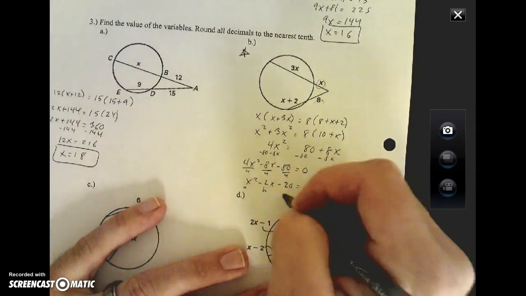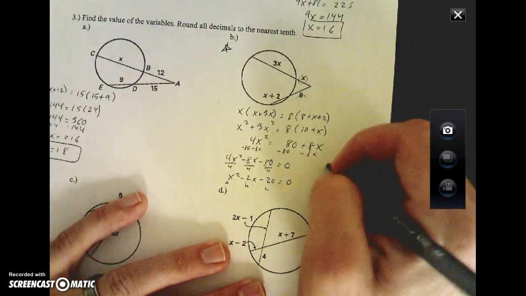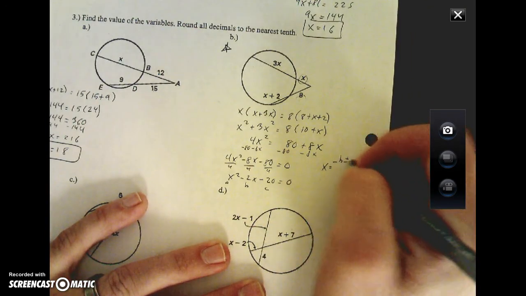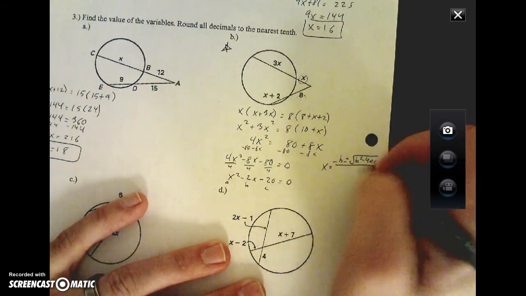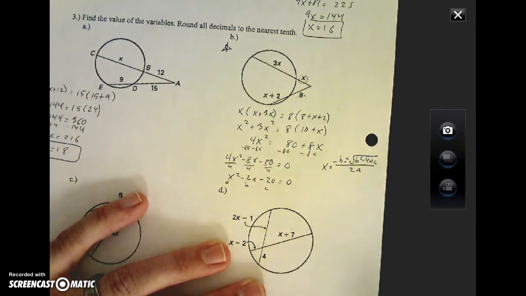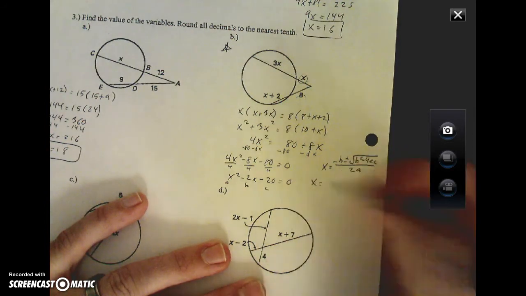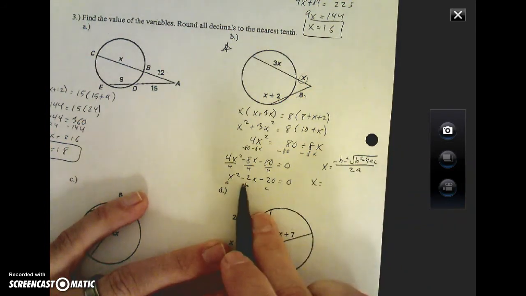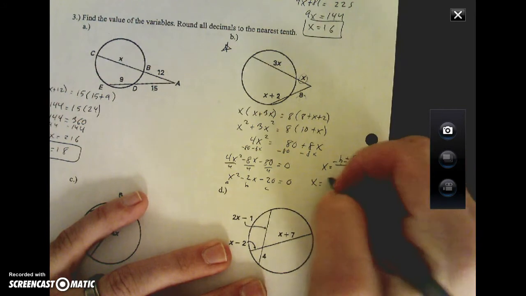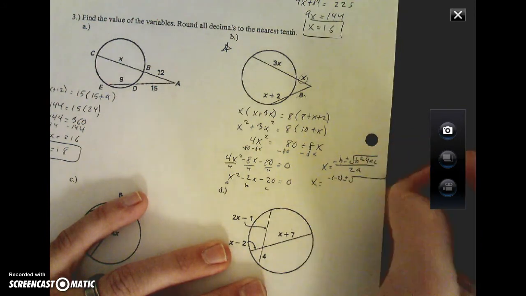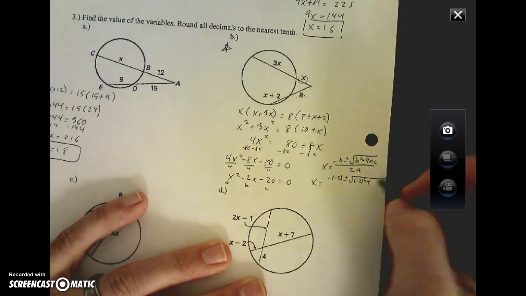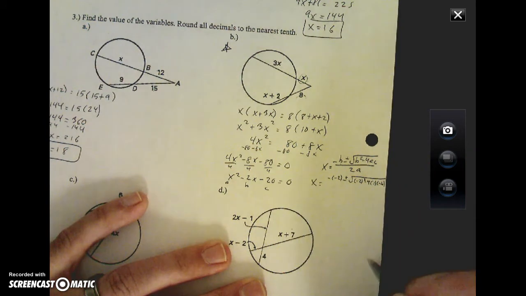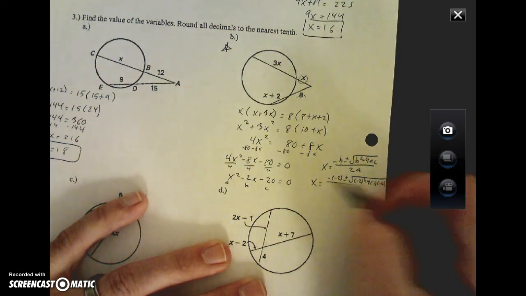Here's your A, here's your B, here's your C. This is x equals negative b plus or minus square root of b squared minus 4ac divided by 2a. Quadratic formula. Okay? I'm just plugging things in. Negative of negative b, negative negative 2, plus or minus my negative 2 squared, minus 4, my a is 1, my c is negative 20, divided by 2 times 1.